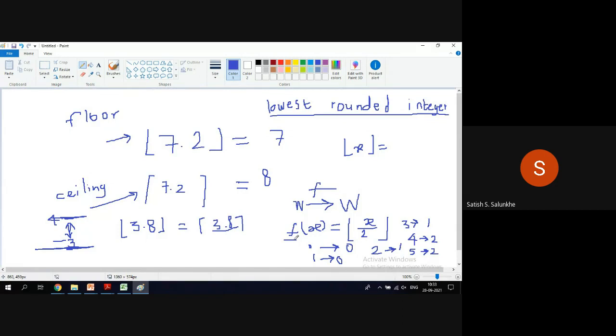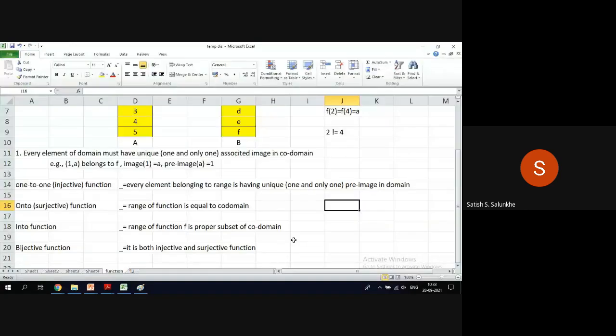And let us discuss, is it an into function? It is a function, but now we are discussing various types. Is it into? A function is into when the range of the function f is a proper subset of codomain.